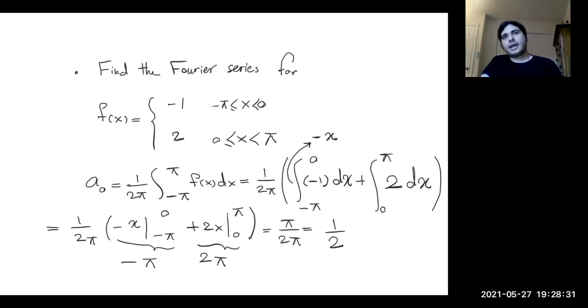So that would be the value for a naught. Therefore, a naught is equal to 1 over 2. Now we should compute an. An is supposed to be integral of 1 over pi. Again, we break it into two parts.